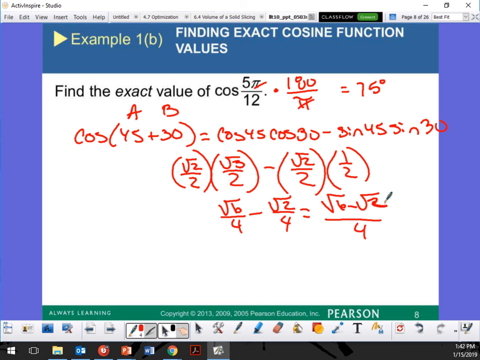Now, because I'd use this and someone else wanted to use a different set of numbers, an equivalent answer would be negative rad 2 plus rad 6 over 4. It'd both be the same answer. It's just written in a different way.